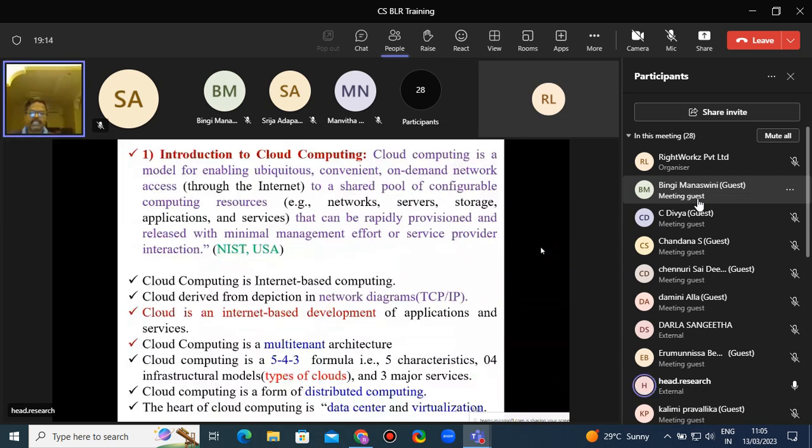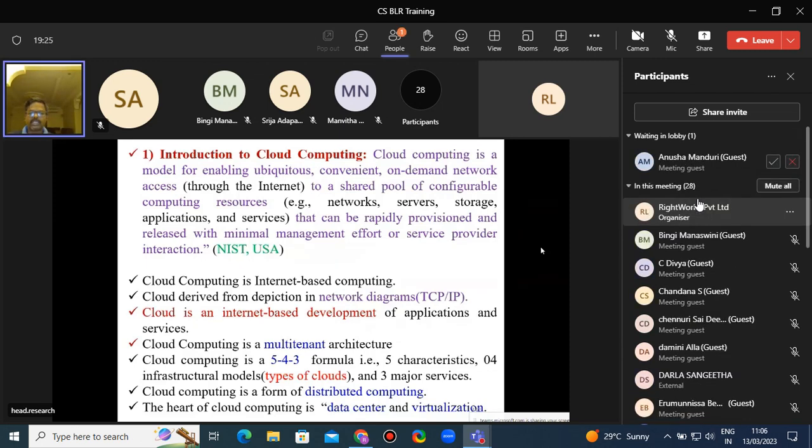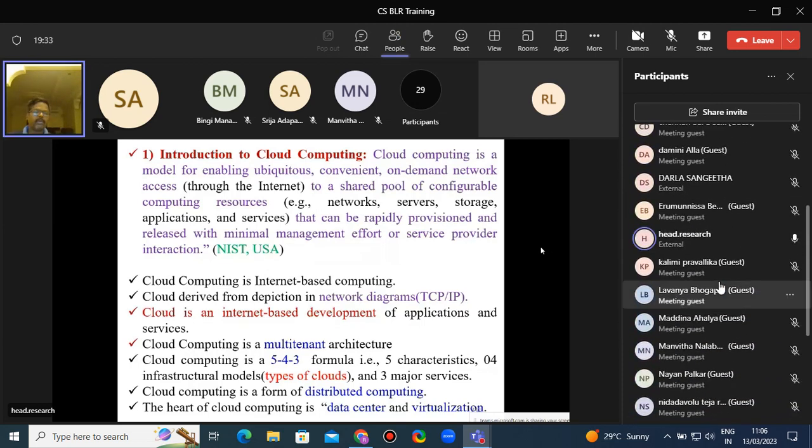Data center is nothing but collection of high integrated servers at one place is called data center. Virtualization is nothing but it is the ability to perform multiple tasks in a single system with the help of virtualization technologies like VMware, Hypervisor, Xen, Virtual Island.